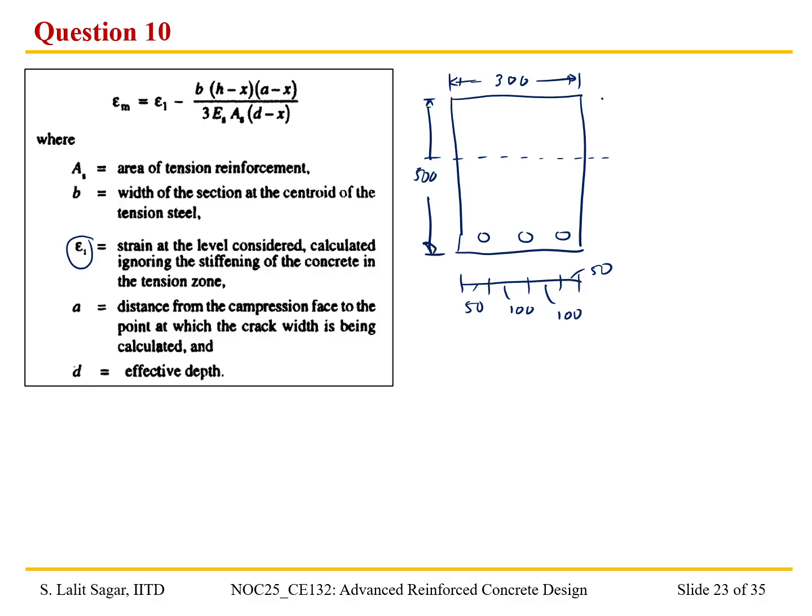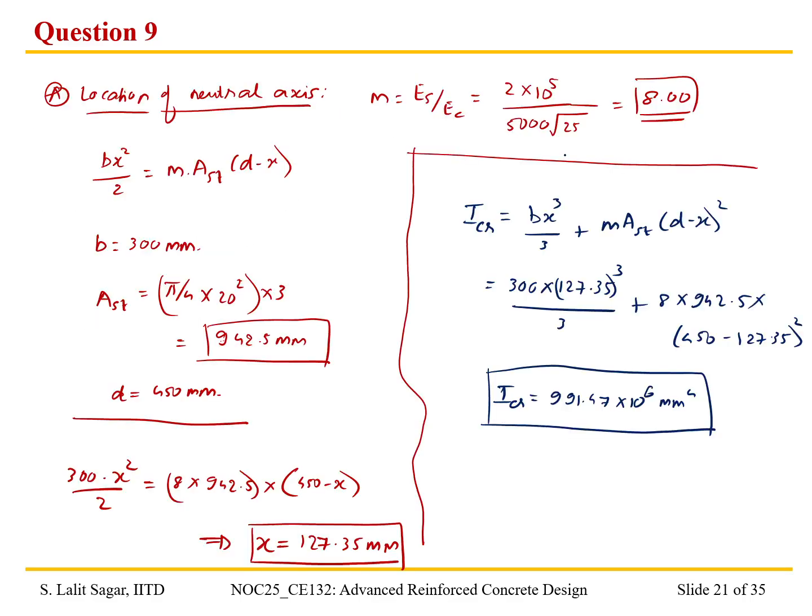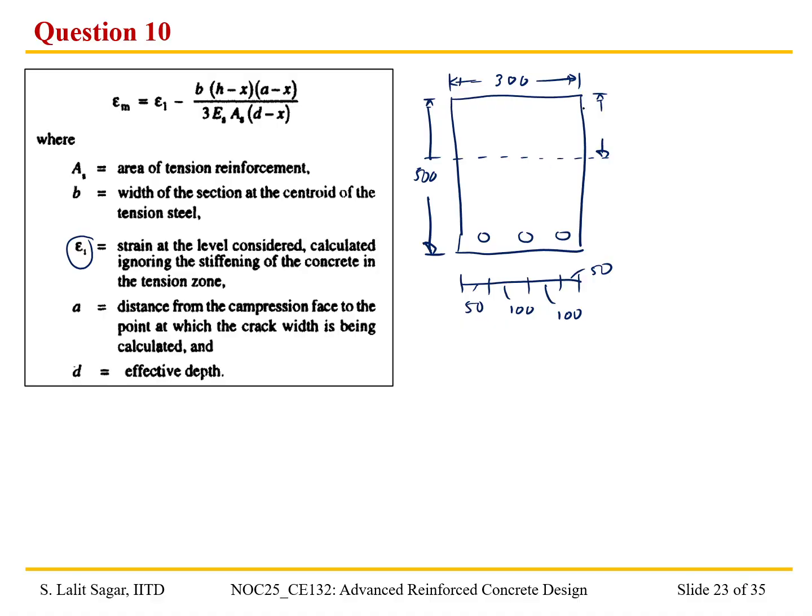Okay, and let me mark the value of x as well. So what is the value of x? That is 127.35, right? And what is the value of this remaining part? That is 450 minus 127.35, that is 322.65, right?